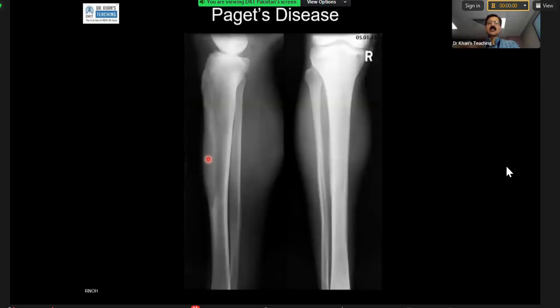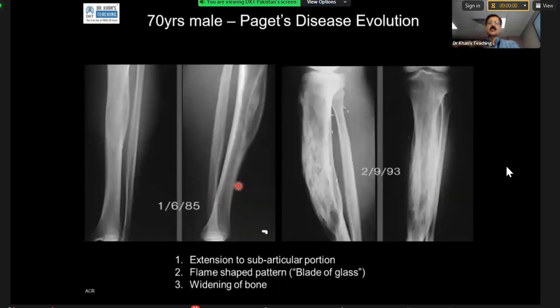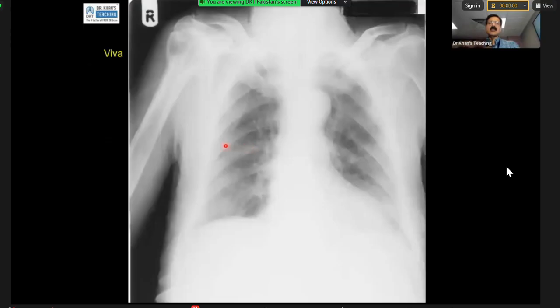Just like your case here, there is a bit of lucency which is explainable on grounds of the normal pathophysiology of Paget's disease. But the way you tackled it was absolutely fine. It is what we call a pseudo finding. You remember today I showed you a case of rickets in which there was a pseudo finding of periosteal reaction. So this is something like that.